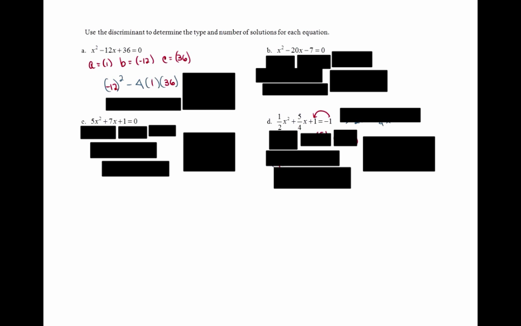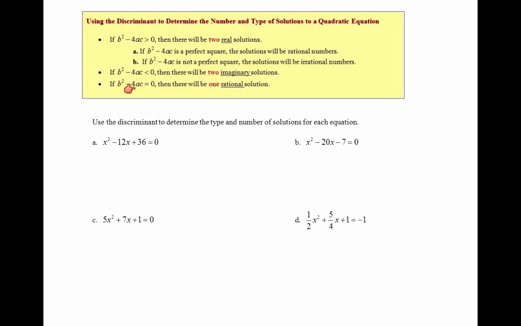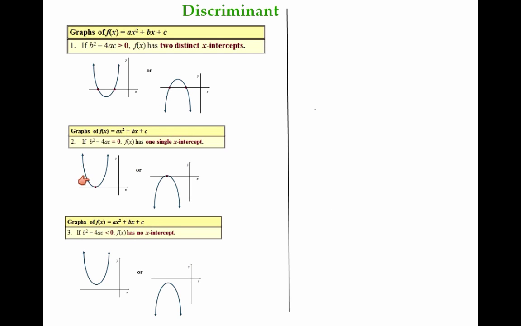What is that equal to? 0. Then you get 0. If b squared minus 4ac is equal to 0, then there will be only one rational solution. This is the case where your graph intercepts the x-axis at 1 point only, like this.